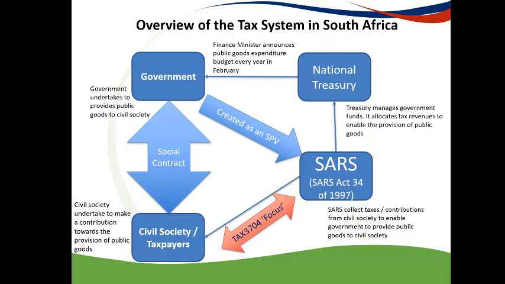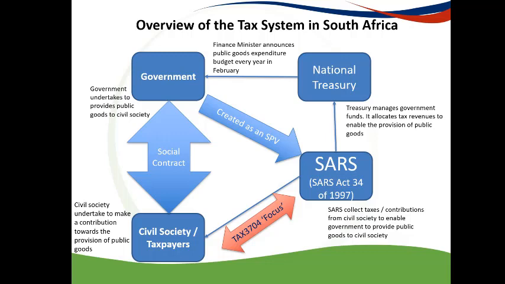Once collected, these contributions will then be handed over to the National Treasury. The National Treasury is a department within government, within the public sector, and it is tasked with managing all the funds that are raised on behalf of government.